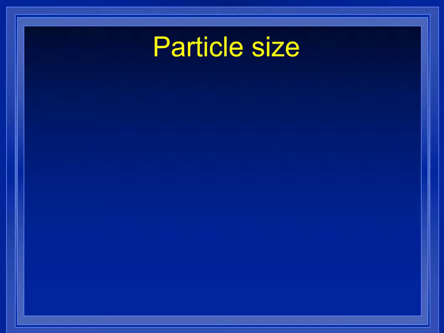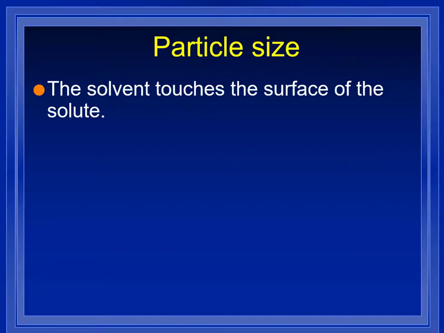Why does particle size matter? Well, the solvent has to touch the solute. And it only touches the surface of the solute. The piece in the middle cannot dissolve until everything around it has dissolved.